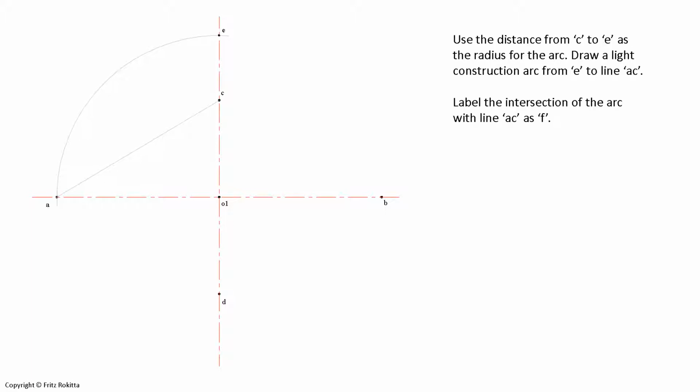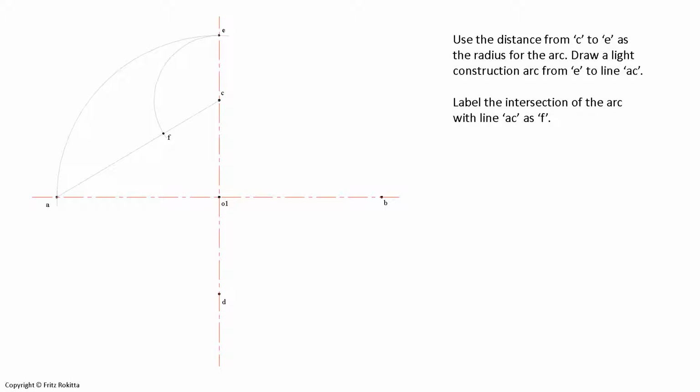For the next step, we will place our compass at point C and stretch it to point E that we just created in the previous step, and draw a light construction arc from point E onto line AC as indicated here.